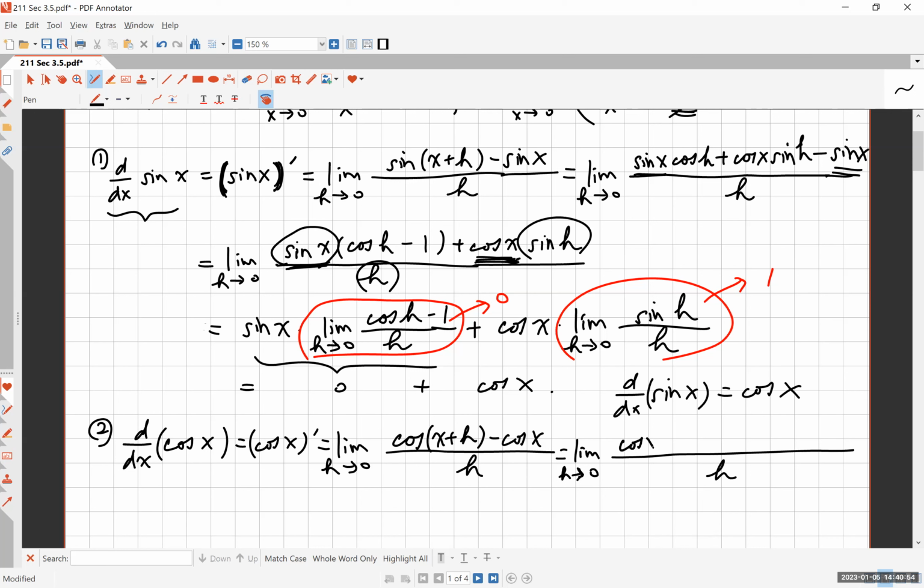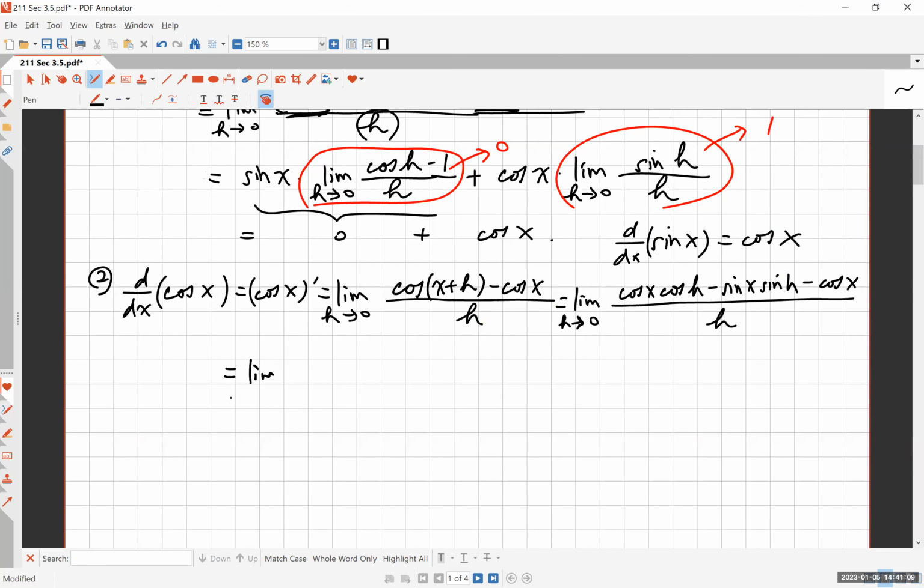So that would be cosine of x, cosine of h, minus sine of x, sine of h, and then of course you have the cosine of x at the end. All right, and so what can you do after that? I can factor out. Maybe this will work, maybe it doesn't work. Cosine of x appears twice, they don't cancel. So once you take out cosine of x, you have cosine of h minus 1 all over h minus sine of x, sine of h.